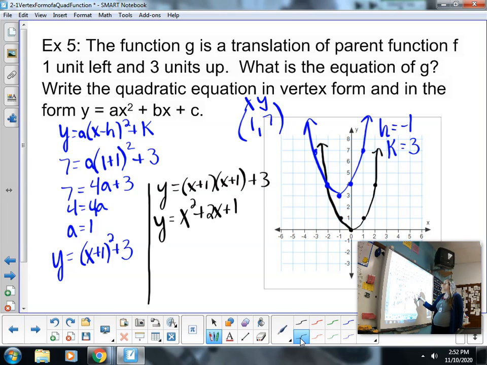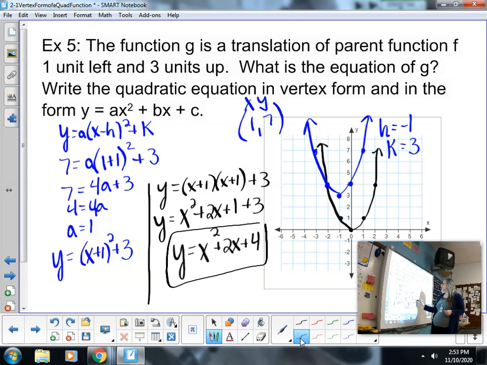So x squared plus 2x plus 1. I still have that plus 3 in the end until I combine. So I have y equals x squared plus 2x plus 4. And that would be the equation of my new function. Notice 4 is actually the y-intercept of the blue g of x function, the one that I translated.